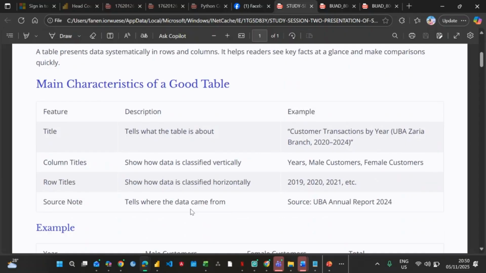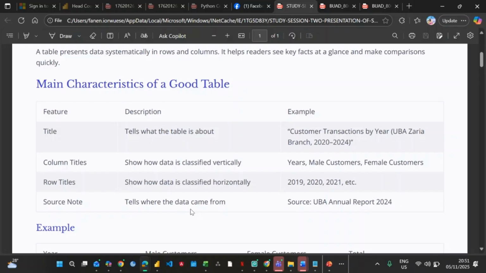This one tells us where the data is coming from, right? For instance, you are writing a report on a particular study and you want to use data. You should identify where the data is coming from so that you can justify that this data is correct, and so that people will know you didn't just make up the data from your head.